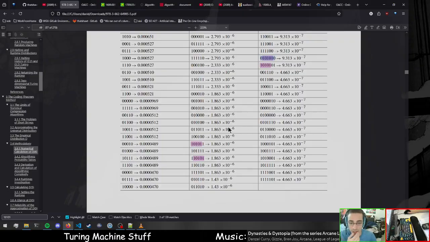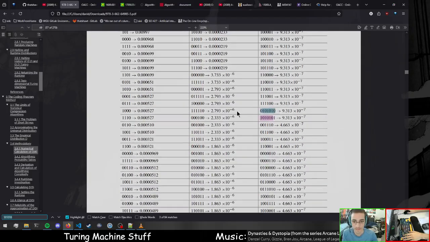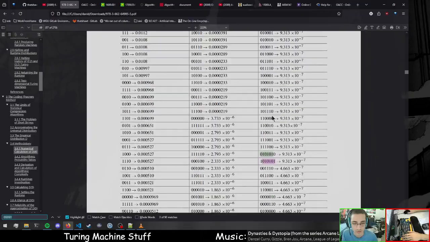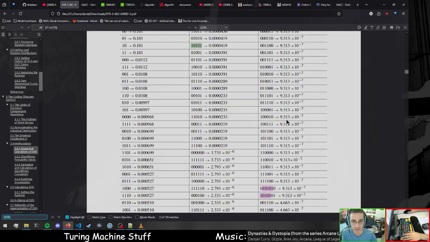So I just want to check if something happened to that string. Maybe. Let me look again for this. No, it's not there. Okay, let's try to look for this. Maybe this is somewhere. No. So length 5 is not a thing. I mean length 6. That was length 6.